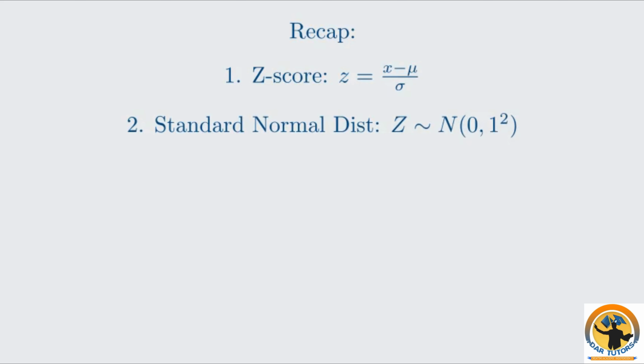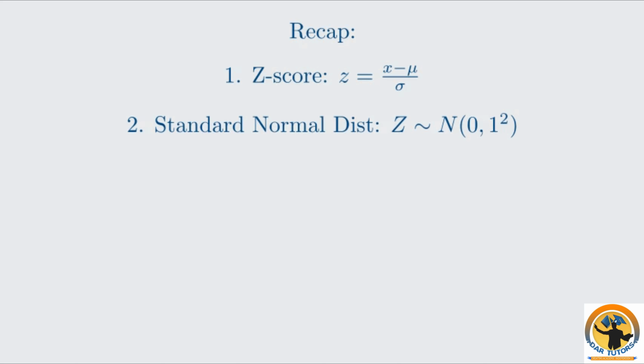Okay, let's recap what we've learned today. We started by defining the z-score as the number of standard deviations a value is from the mean. We then saw how applying this z transformation to any normal distribution N(mu, sigma squared) results in the standard normal distribution N(0, 1).